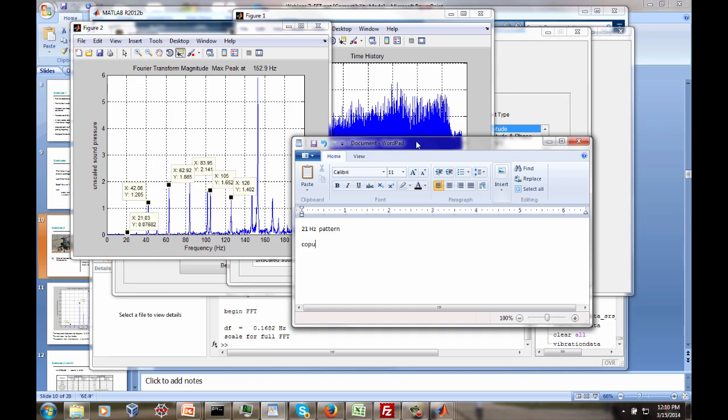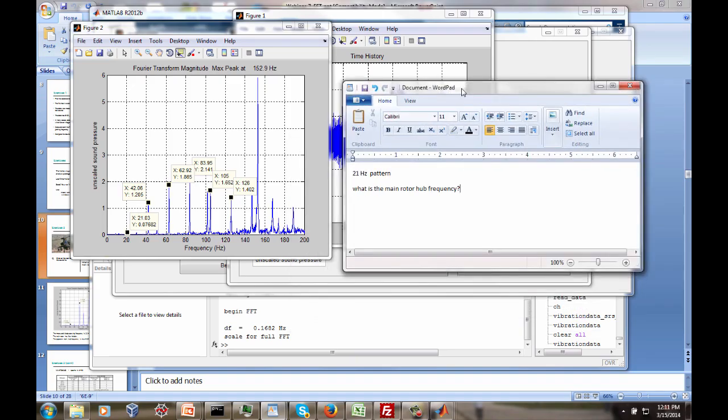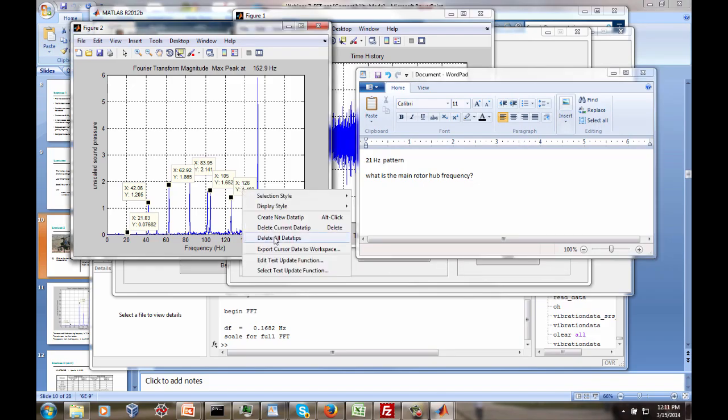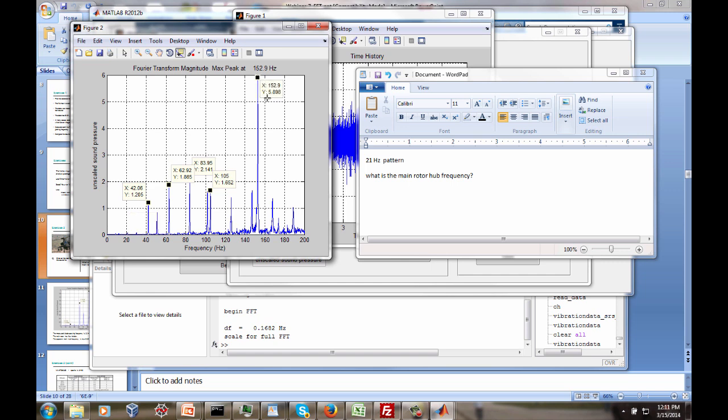Our question is, what is the main rotor hub frequency? A lot of times when I do this in a live course, I'll ask this question, and students will say the highest spectral peak here is at 153 hertz.